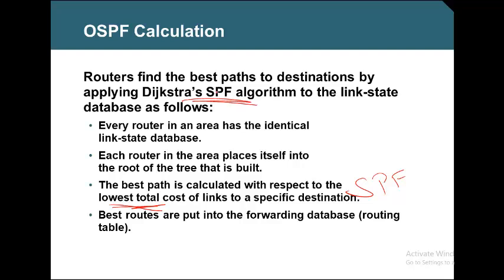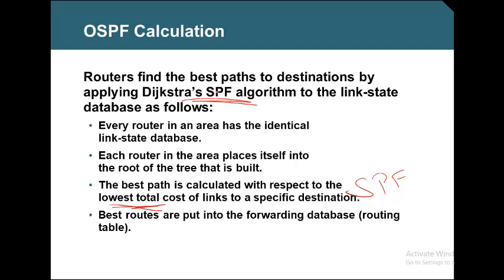Only by LSAs and sharing of DBD, the map can be learned. But designing the best route is done by each router by using the SPF algorithm on this map. What is the name of the map? Link state database.